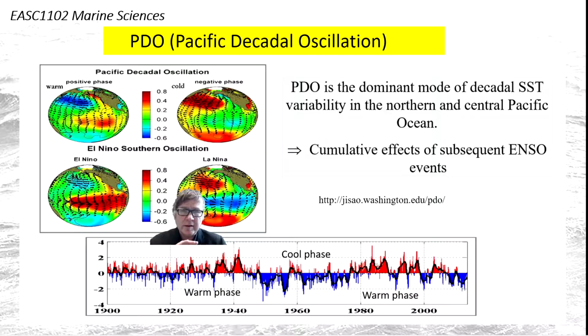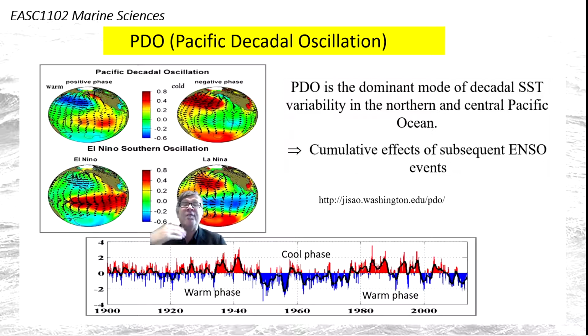Now if you look at the surface temperature anomalies in the entire Pacific Ocean, and you look at a time series of 100 years, there's something else that you discover. This is called the Pacific Decadal Oscillation.